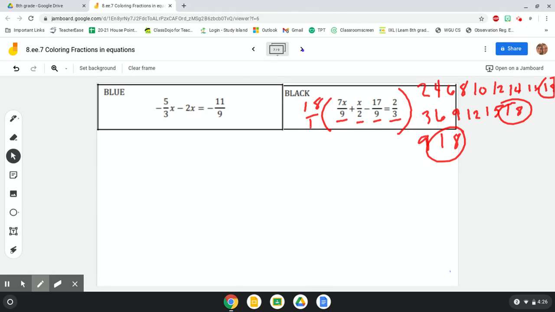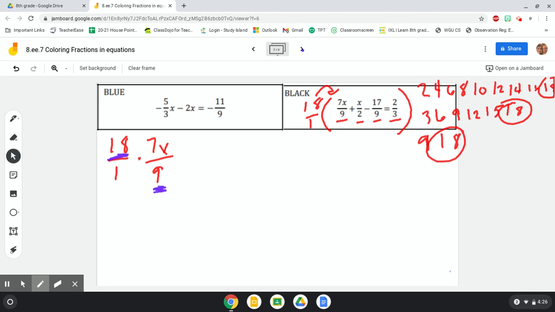All right, so when I start multiplying, I can go off to the side again and say, okay, 18 over 1 times 7x over 9. Okay, so if you don't remember this, I'm going to reiterate this. If I'm looking at my cross products, 18 and 9, I can simplify before I multiply straight across.